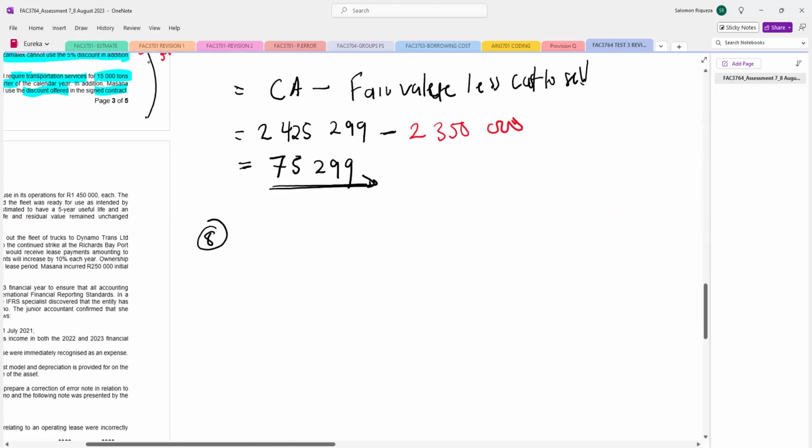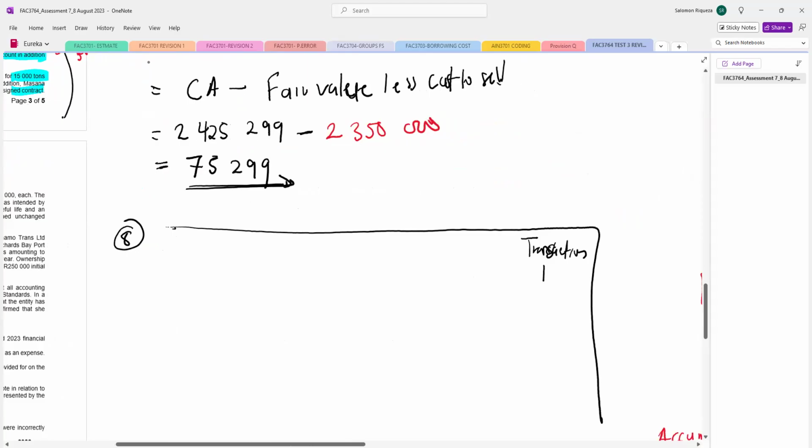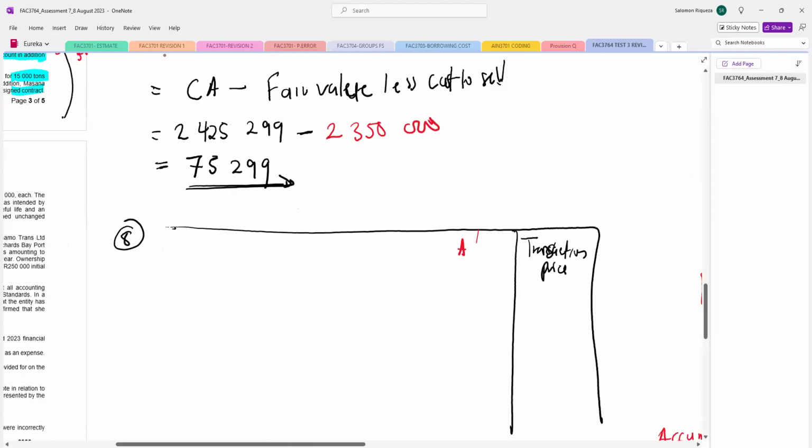So we're going to do that table. Right, so here I'm going to have my transaction price, and then allocation percentage. Use red for this.